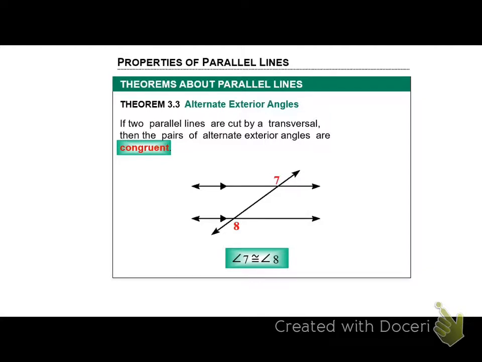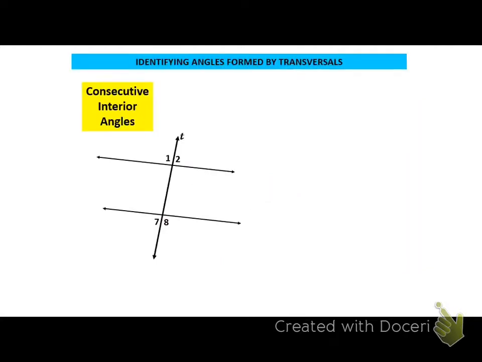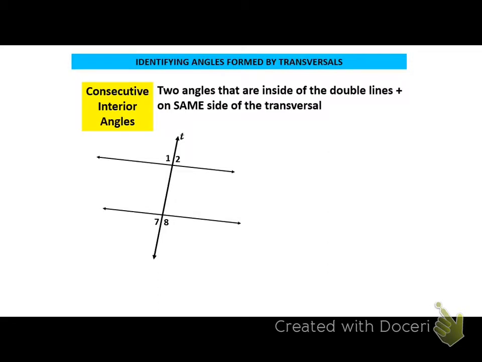All right, there's the last one. It's called consecutive interior. So where are these angles located? Inside. So these are now alternating across the transversal. What will happen, however, is that they're on the inside of the double lines and on the same side of the transversal.